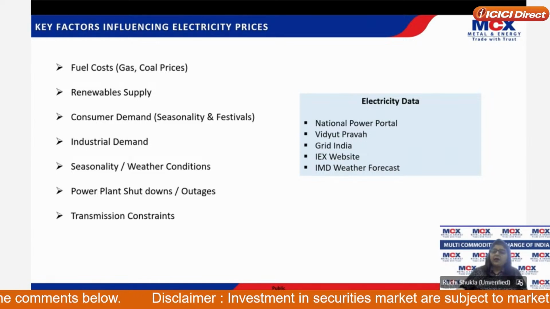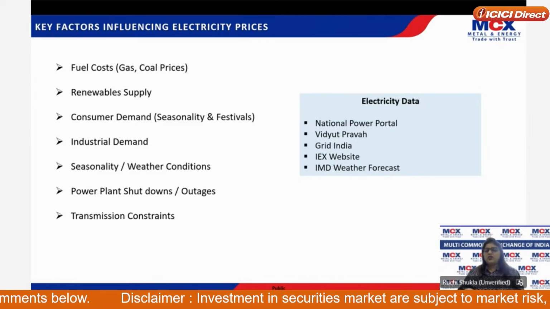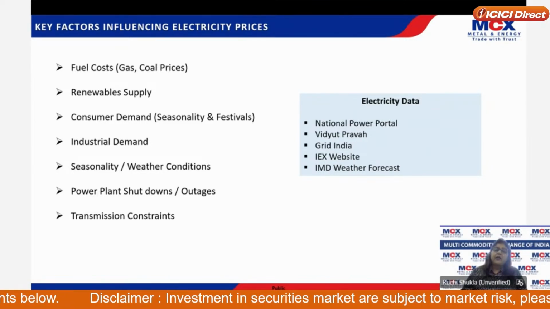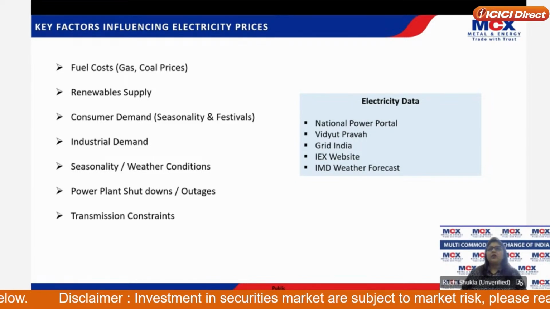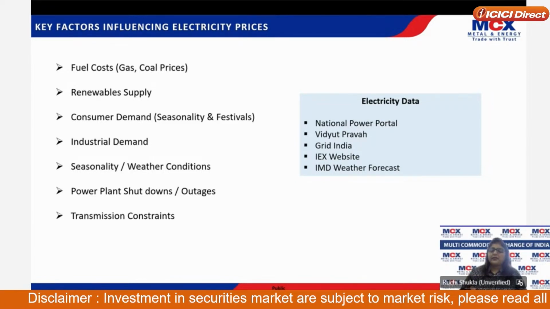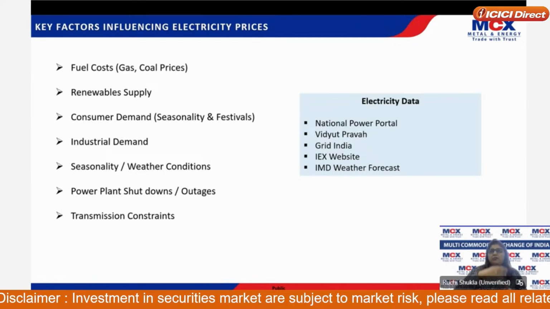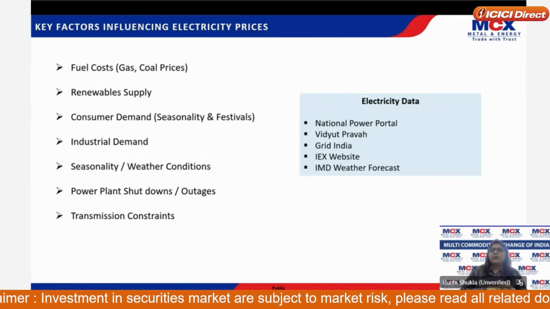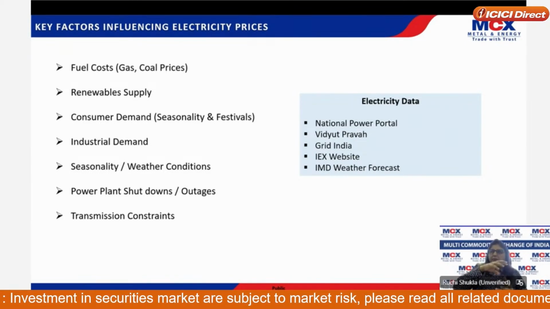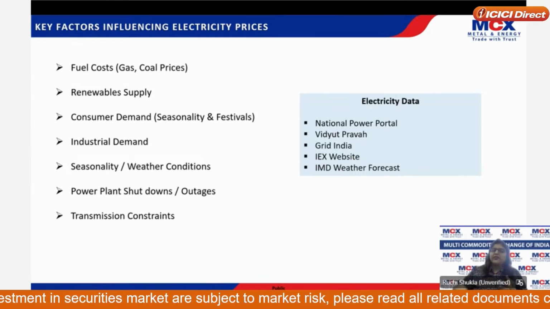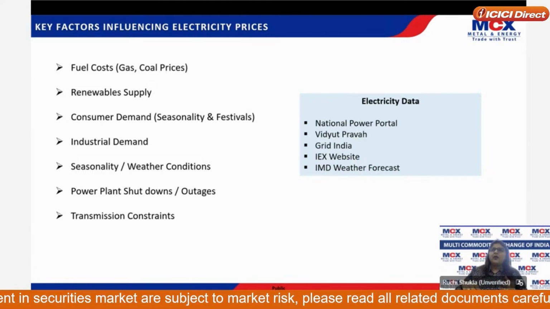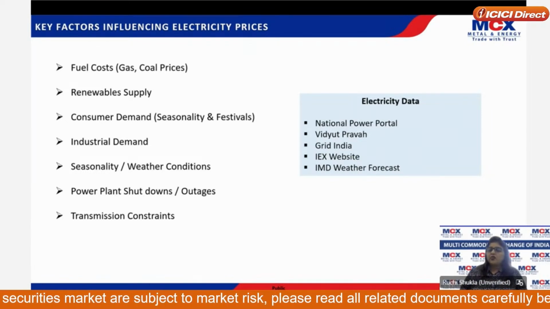Then there can be our national holidays. So these all impact your demand. Consumer demand is also more impacted by the festival season. Generally, as we have seen, and I'll show you in some graphs, September and October is when the festival season kicks off in India. So the demand generally rises in those seasons.